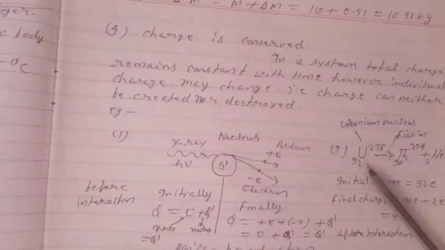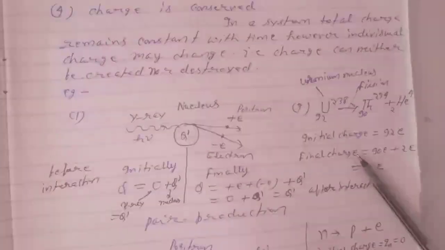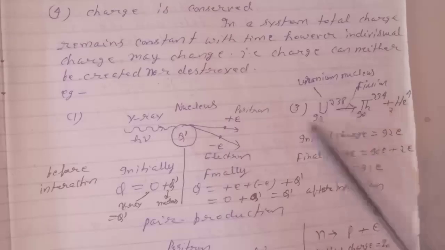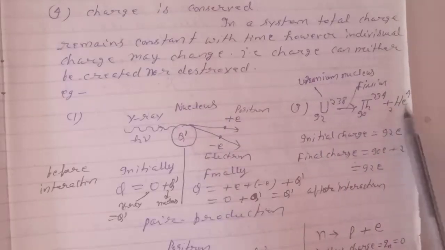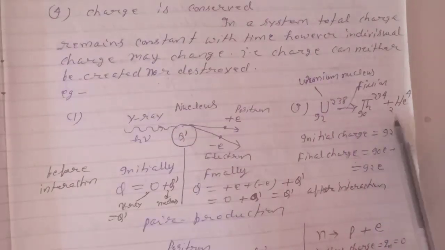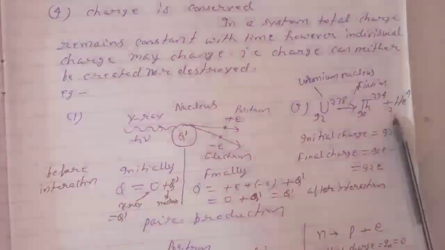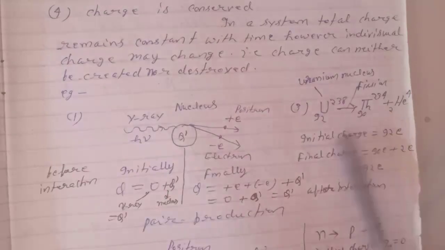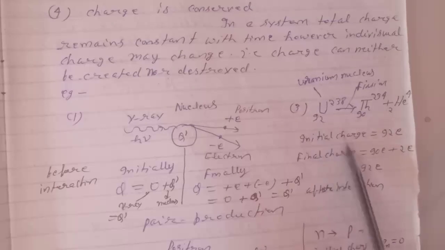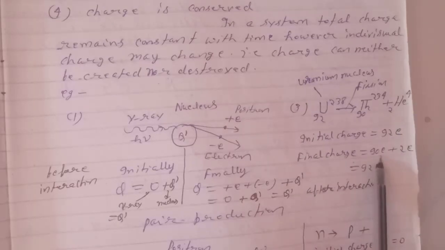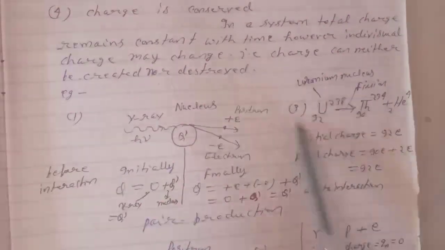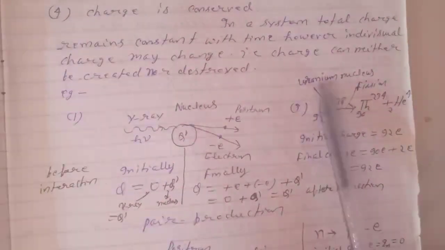Again, in this example, this is a uranium nucleus, and after fission it changes into thorium and helium. This shows the number of protons in thorium. So the initial charge was 92e, that is 92 electronic charges, and the final charge is 90e plus 2e. The nucleus has only positive charge because we are considering only the uranium nucleus, not the uranium atom.